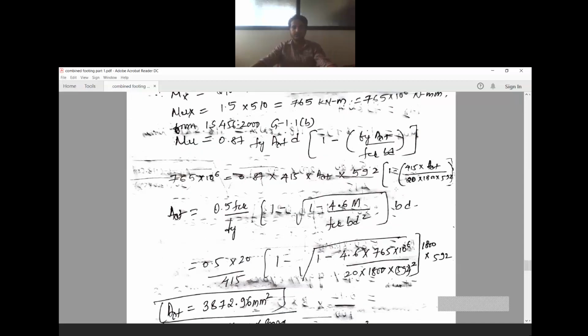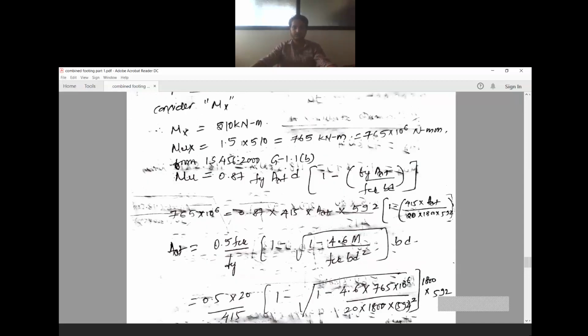Substitute the value. One thing you should keep in mind is that you should always multiply the value of moment by 1.5. If you don't multiply the value by 1.5, then that value will become wrong. So you have to multiply the moment value by 1.5 so that we have the factored value.